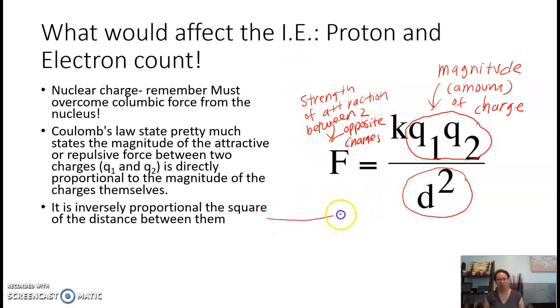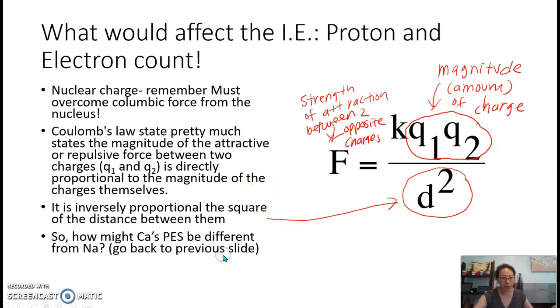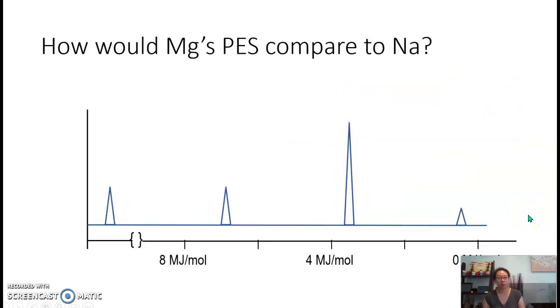And this is the distance between the two charges, and it's inversely proportional. Using this principle, we can start to look at how two PES of two different elements would be different. Instead of going back to the previous slide, I added a new slide, so I'm just going to go forward to that one.